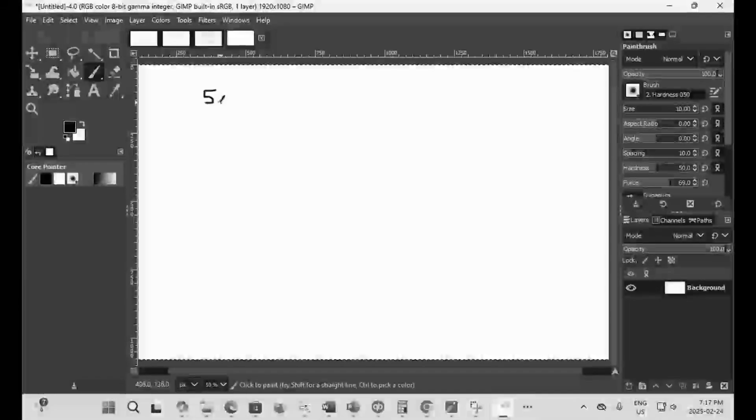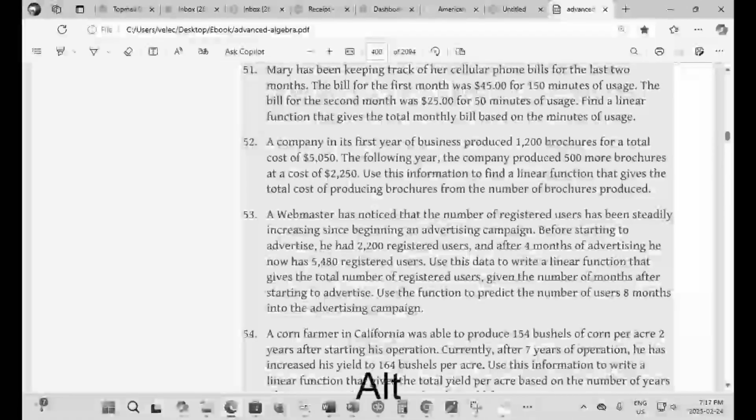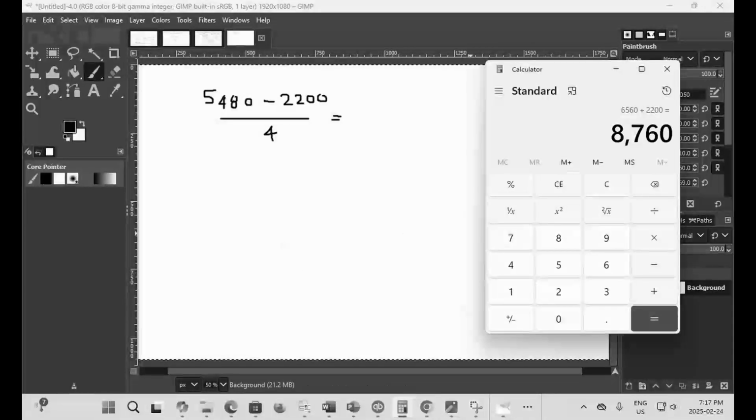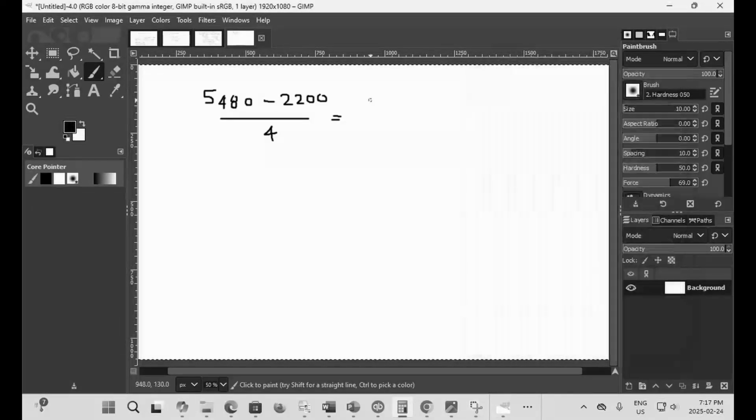So 5,480 minus 2,200, divide by 4 months of advertising. So we know that this will be 5,480 minus 2,200, divided by 4, which is 820.